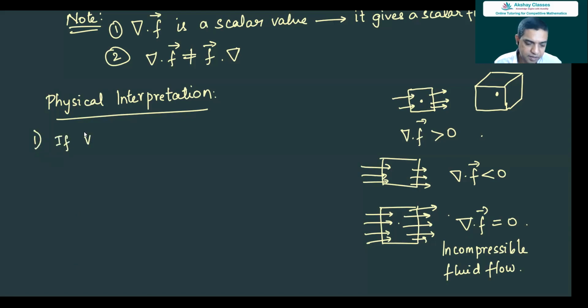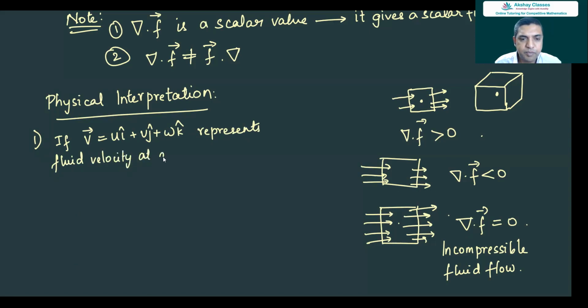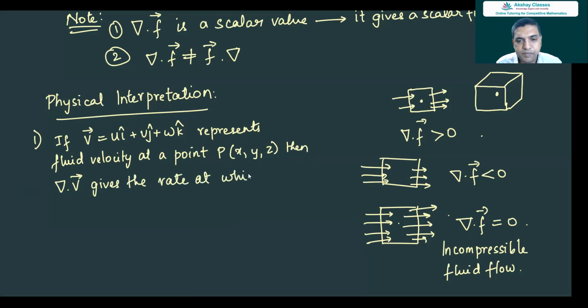So if V is, say, Ui plus Vj plus Wk, and represents fluid velocity at a point P, then del dot V bar gives the rate at which the fluid is originating at the point per unit volume.